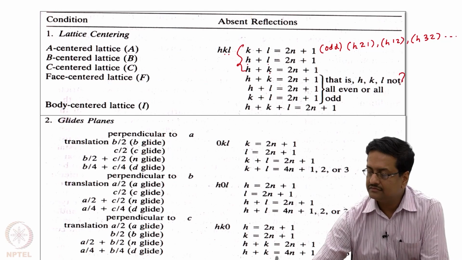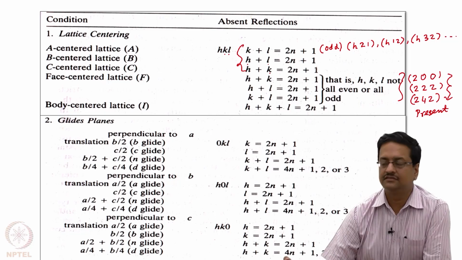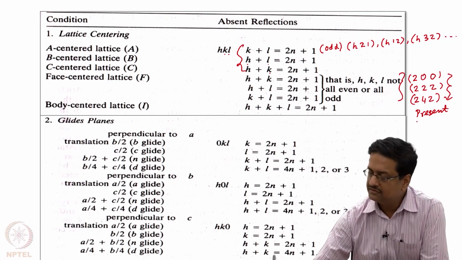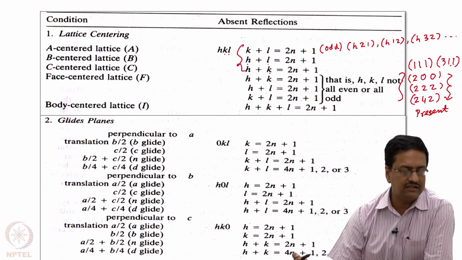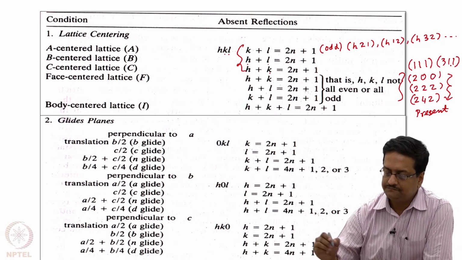So, in this case, only reflections like 2, 0, 0, 2, 2, 2, 2, 4, 2, this type of reflections will be present and any other reflections will be absent. Similarly, all even, all odd also will be present. So 1, 1, 1, 3, 1, 1, these are all odd set of reflections and they will be systematically present, all others will be systematically absent.